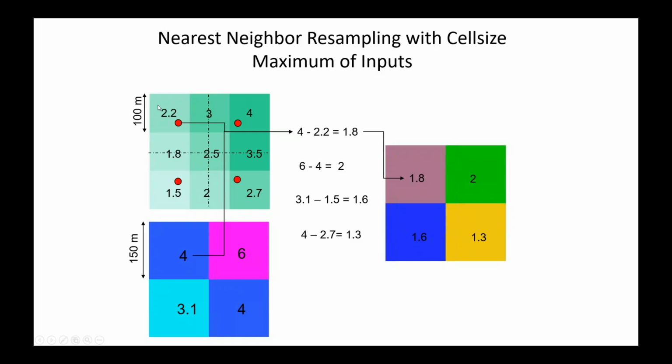So whereas our infiltration grid was really on this 100-meter cell size, the calculator resampled the center value there of 2.2, applied it to this whole 150-meter grid, and for this 150-meter grid took the 4 minus this 4 from down there, minus that 2.2 to get that result of 1.8.